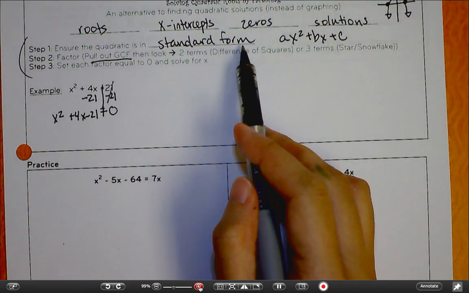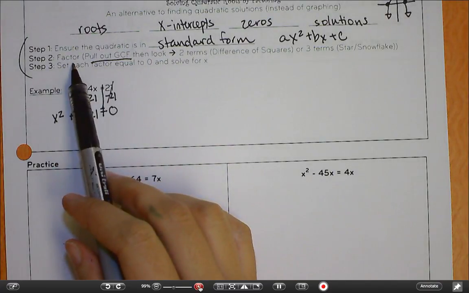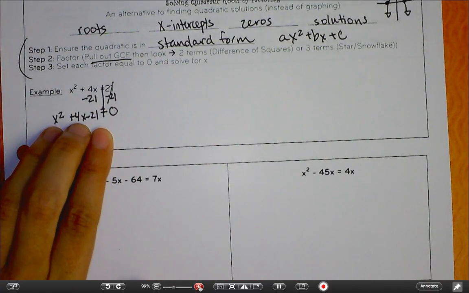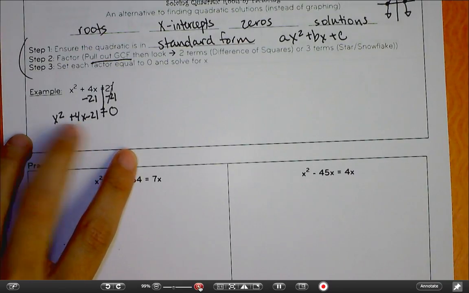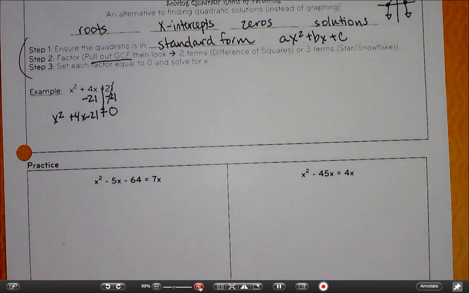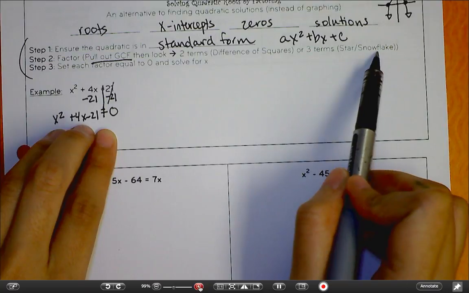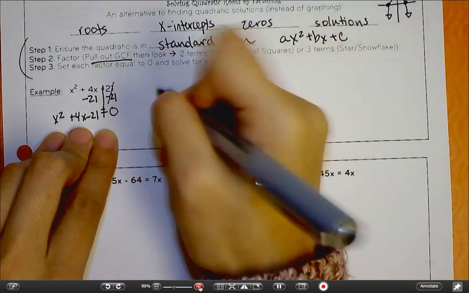I'm done putting it into standard form. Now I need to factor. I have 1 for negative 21, and x only appears in 2 of the terms, so I cannot pull anything out at this time. Then I'm going to look at the number of terms. I have 3, so I'm going to use the snowflake star method.